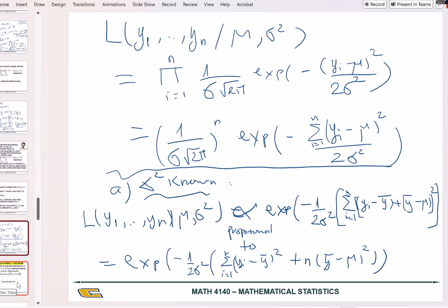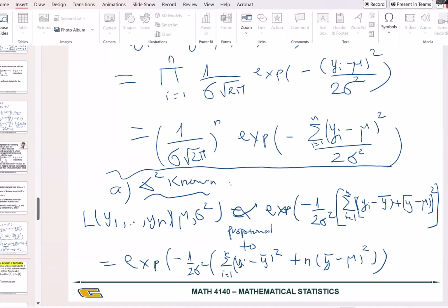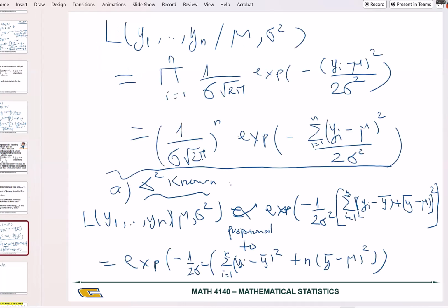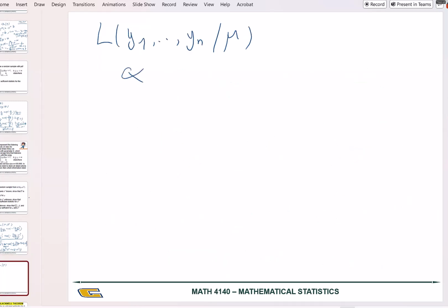Clear? Good. If you're not clear, just write it out and collect the terms, and you should be able to see it. Okay, so we go to the fun part now. The density of Y1 to Yn given mu, because sigma is known already, is proportional to this exponential.